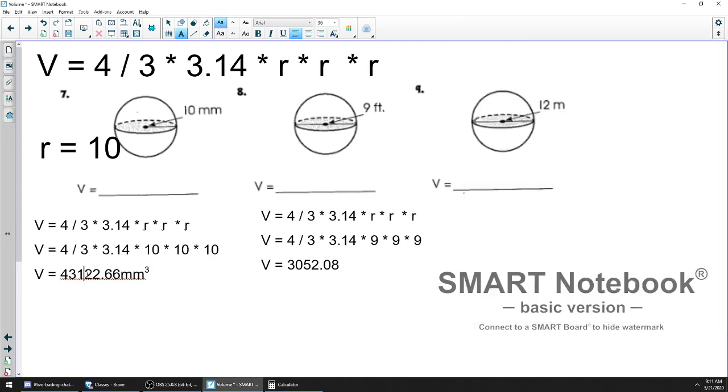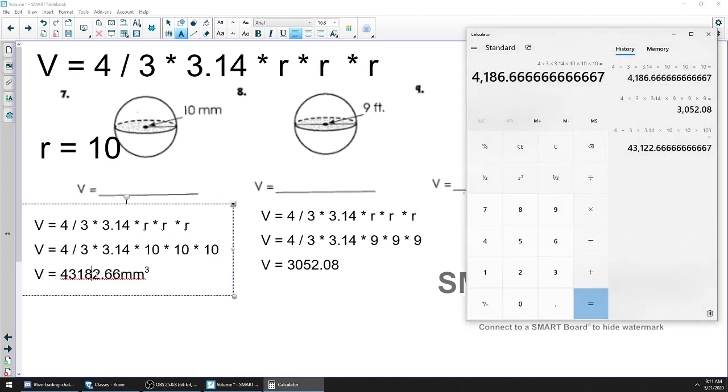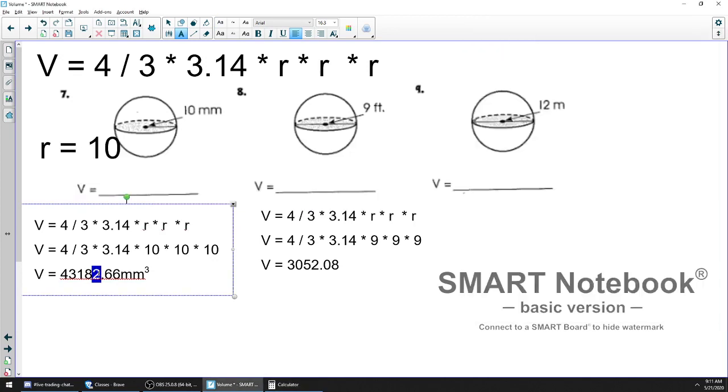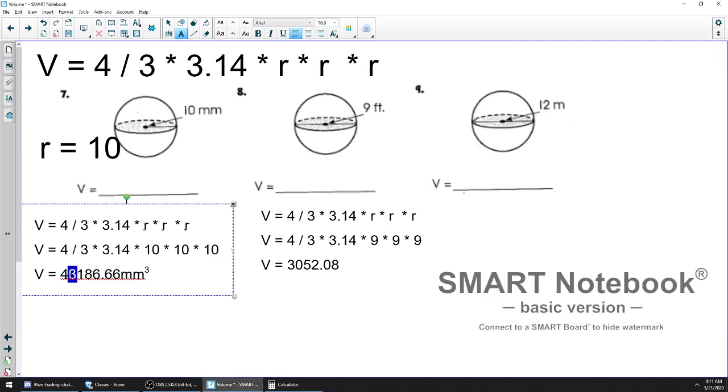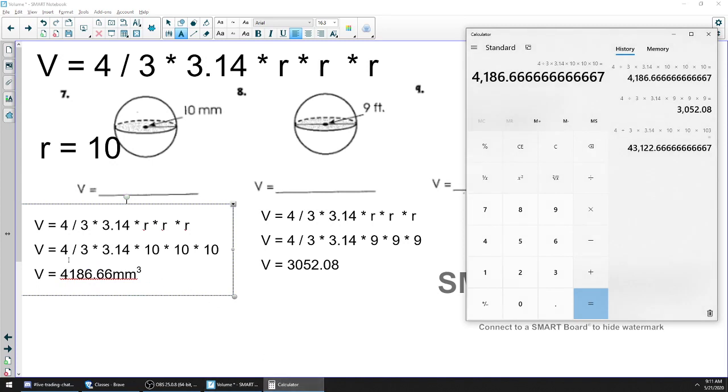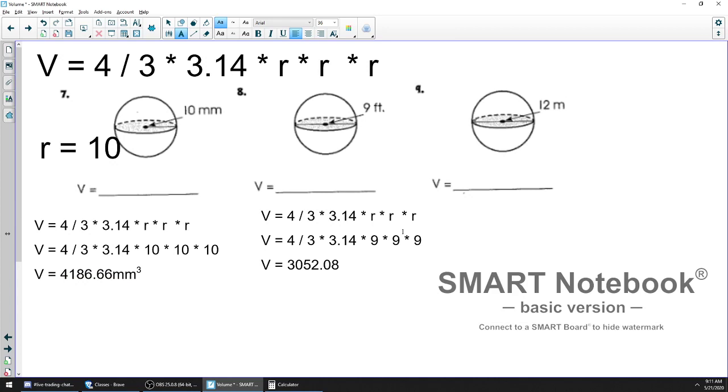So this was kind of close. So by changing one number, just moving it over once, we see a difference of around 1,000. Okay, so that's how different volumes can be just by moving it over just a little bit.